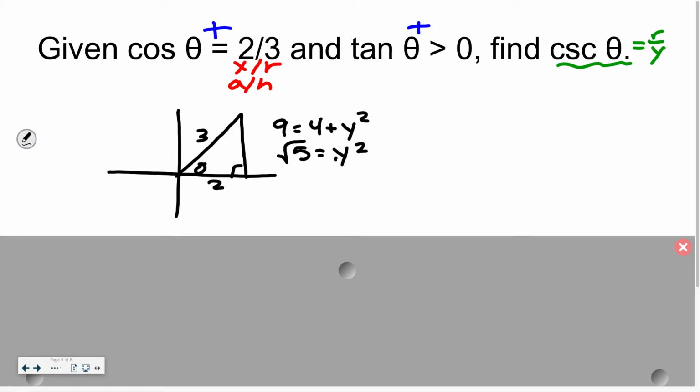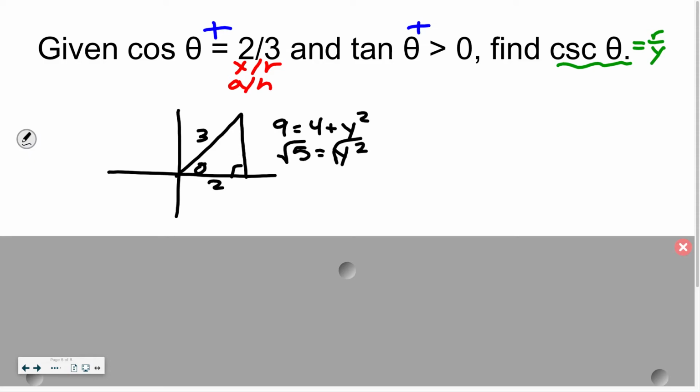Now on this one, when I take the square root, y will either be positive or negative, but not both. How will you decide what sign to give your y? Well, just look at where it is, right? So would that y value be positive or negative in quadrant 1? It would be positive.